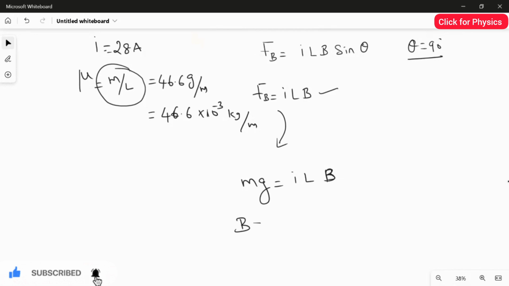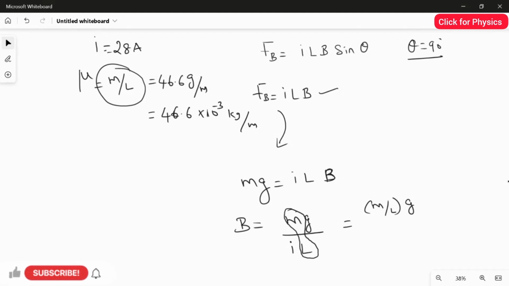Therefore magnetic field B is equal to mg over I multiplied by L. And here the mass over length is nothing but the linear density. So I can write this equation as m over L multiplied by g divided by I gives the magnetic field.